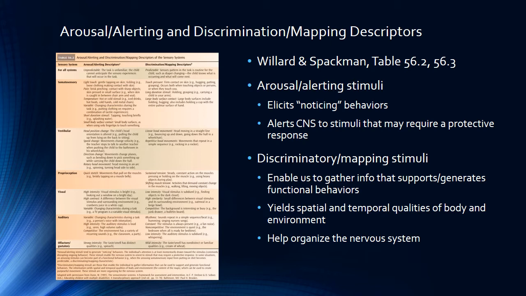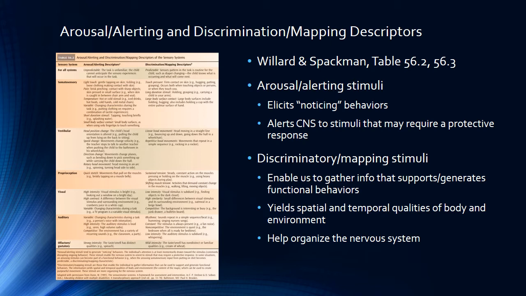Compare that to discriminatory and mapping stimuli. These are the types of input coming into our system that enable us to gather information that supports and generates our functional behaviors. And it helps us understand the spatial and temporal qualities of what's going on in our body and what's going on in the environment in order to help organize the nervous system.